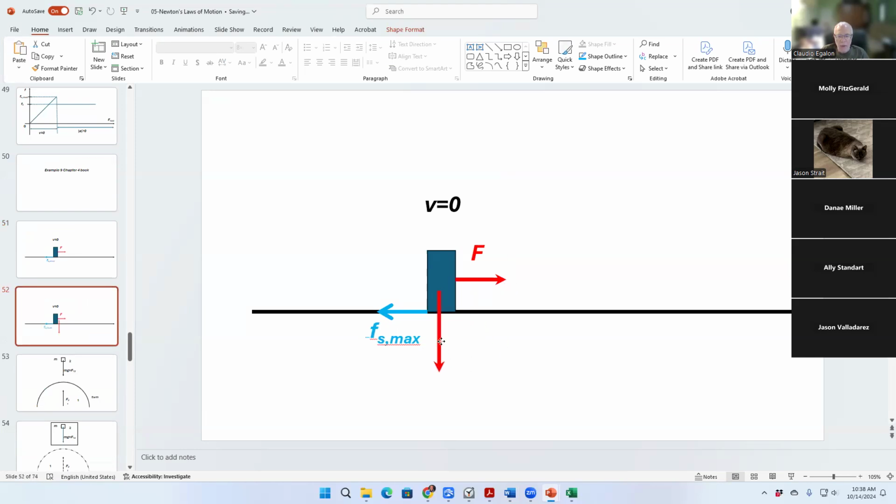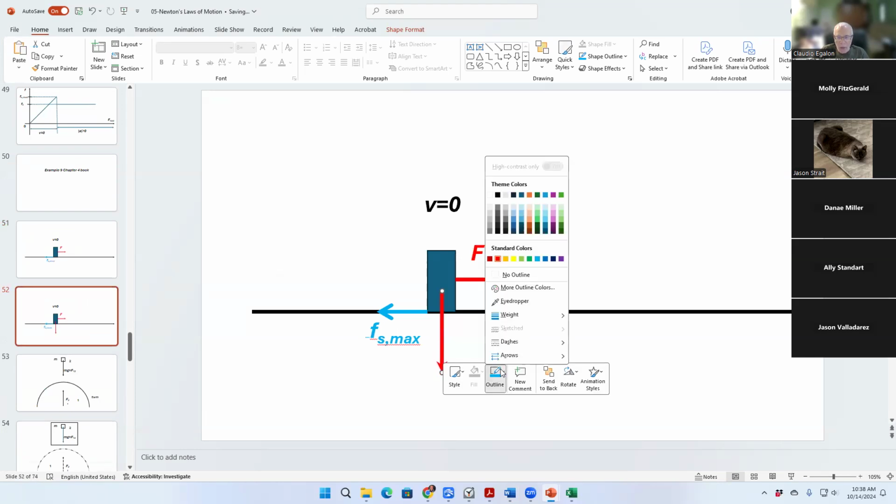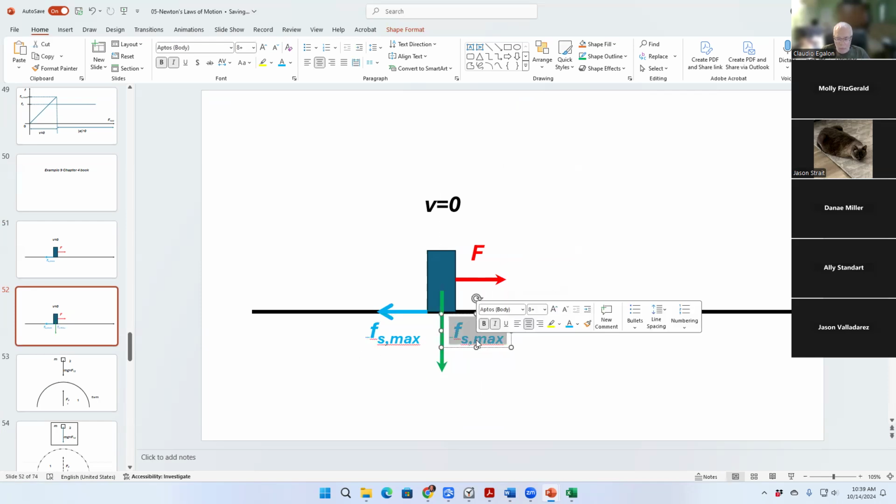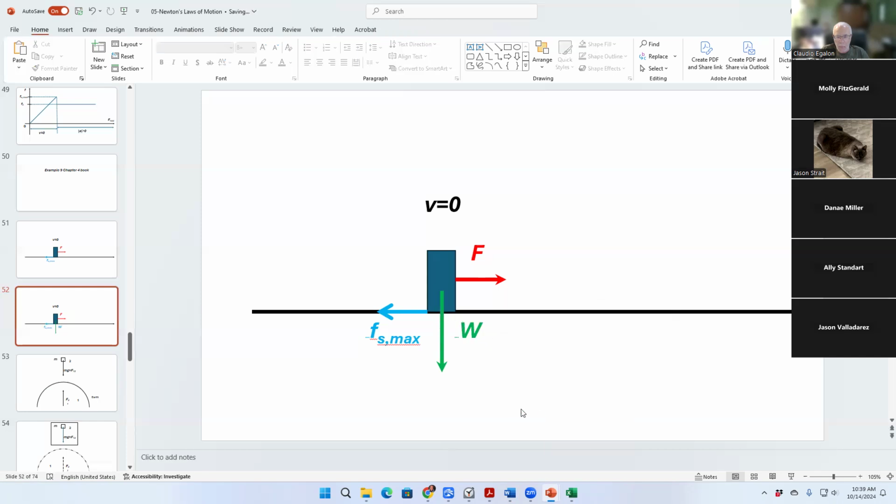Here you go, here's the weight. I'm going to put a different color. Green, let's use green here. Okay, weight. And we also have a normal.